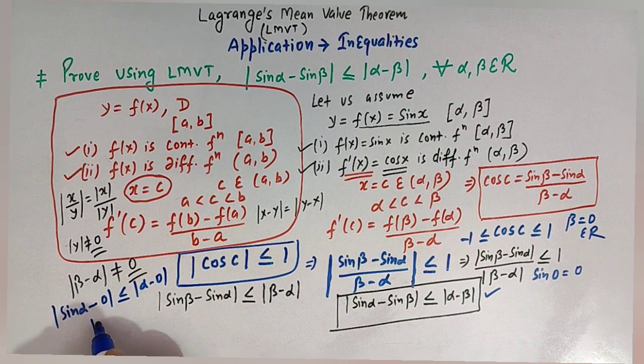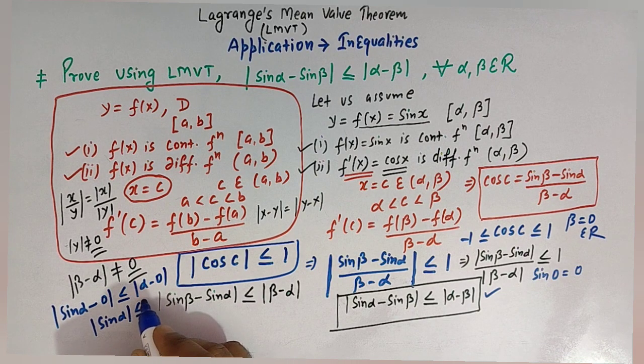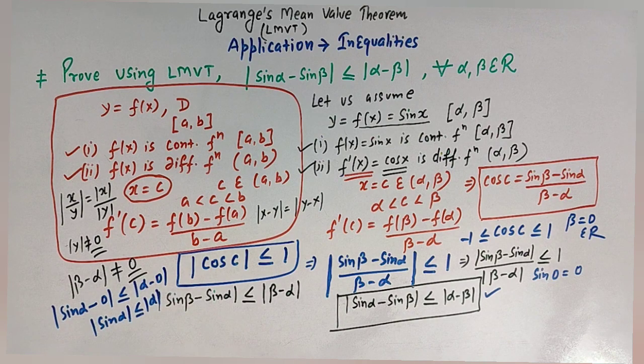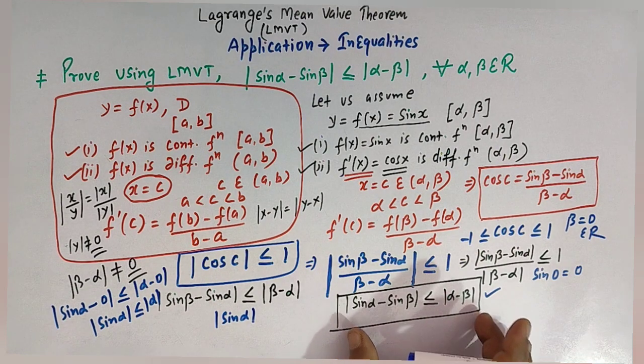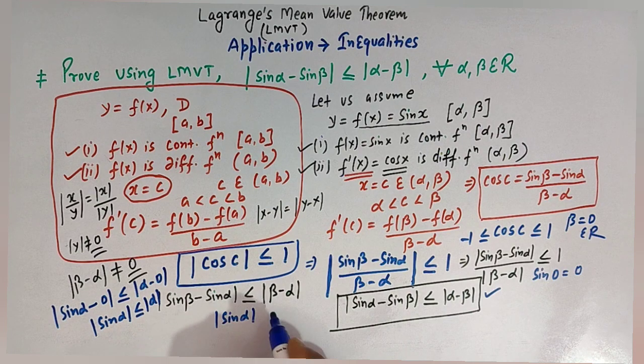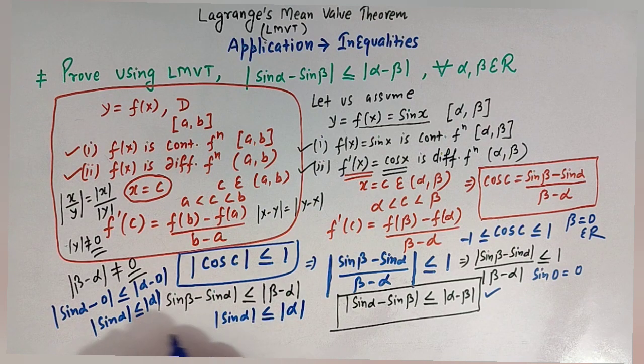So this can be written as mod of sine alpha is less than or equal to mod of alpha. So we have an important inequality from this inequality, that is mod of sine alpha is less than or equal to mod of alpha, where alpha belongs to the set of real numbers, right?